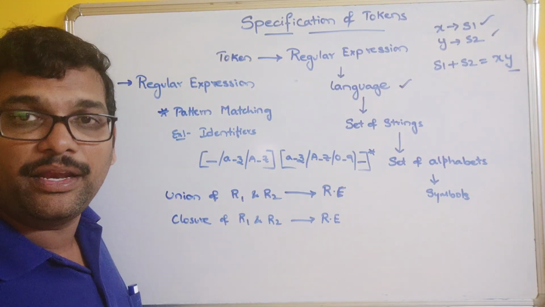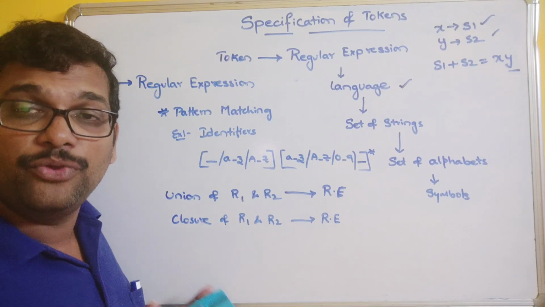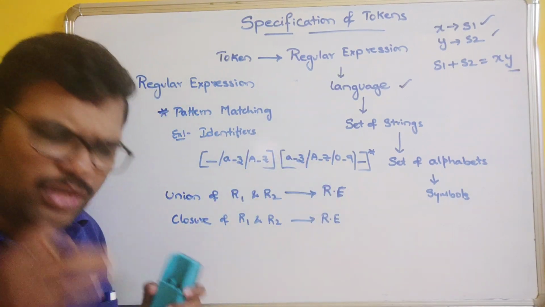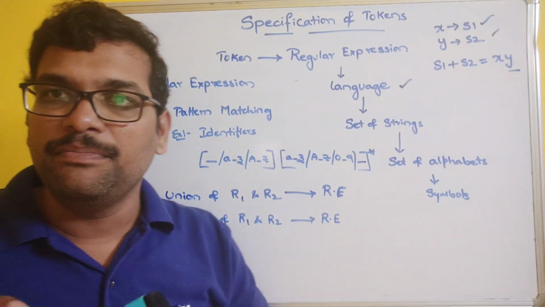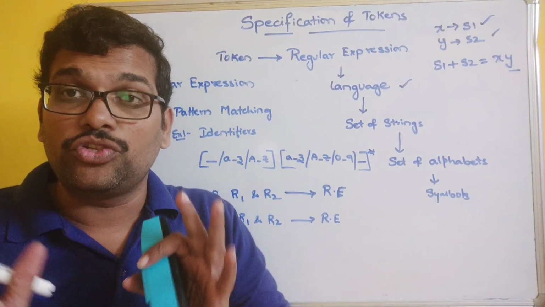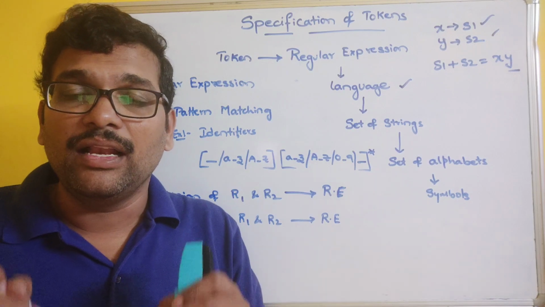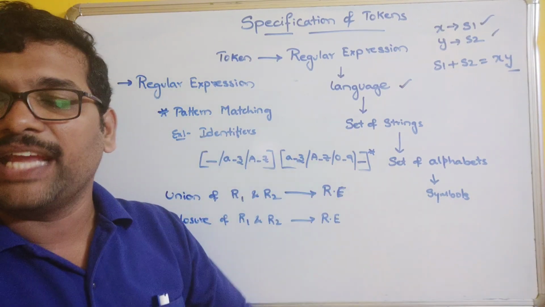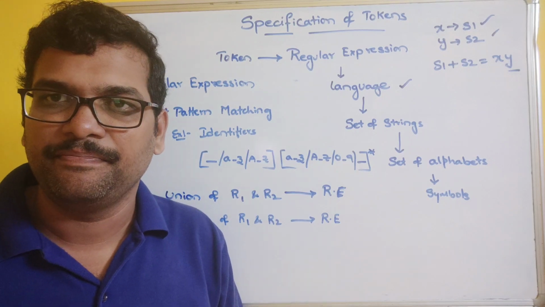So we can union regular expressions and get a final regular expression. Simply imagine that a regular expression means a pattern match which should be satisfied by the lexeme. If it is satisfied by the lexeme, then it will be categorized into some token.